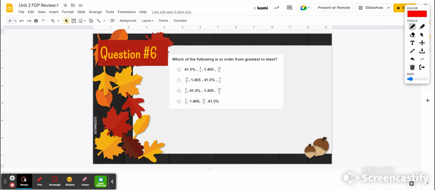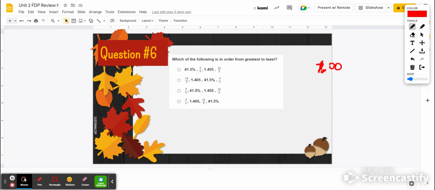Question number 6. Which of the following is in order from greatest to least? Oh goodness, here we go. So if we look at 41.5%, 2/5, 1 and 405 thousandths, and 2 into 14. Well, we know this is a whole number of 7. And then 7 is going to have the decimal place here.